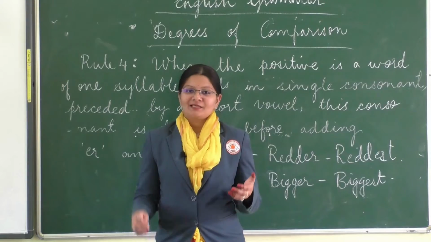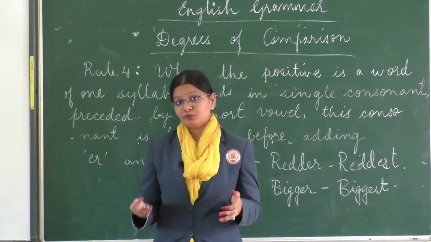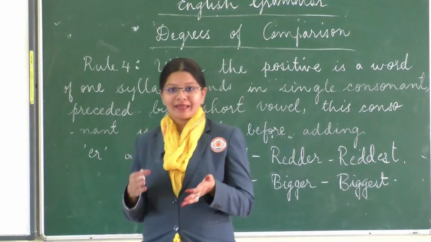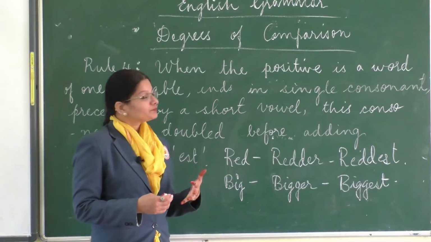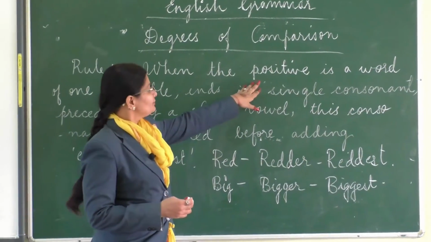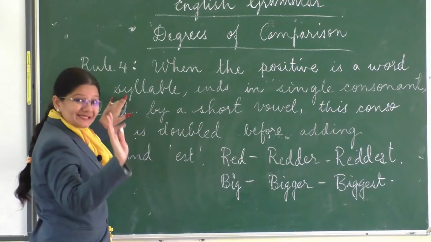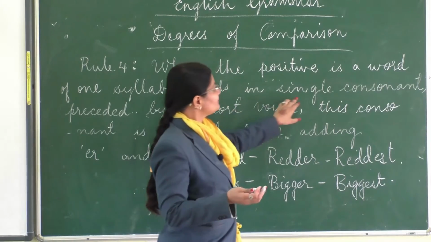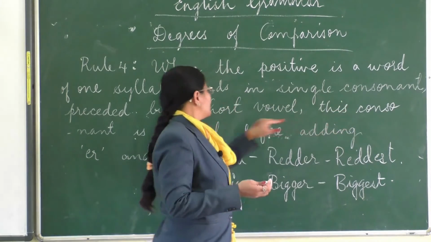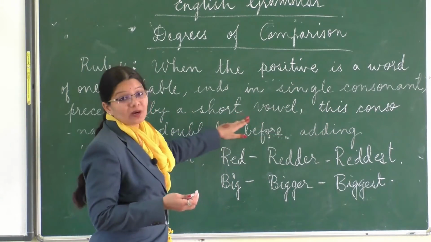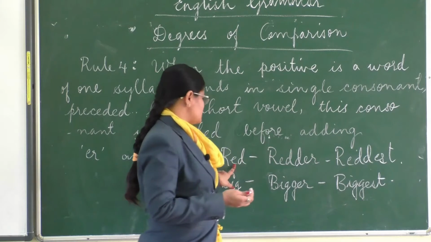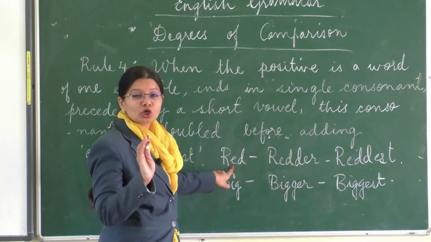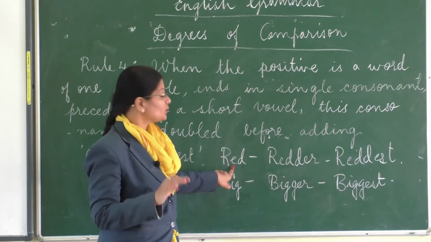Okay, kids, now let's understand rule number 4. Here you will see that when an adjective in the positive form is a one-syllable, monosyllabic word, and it ends with a single consonant preceded by a short vowel, for example red, it has a consonant there, and before that there is a short vowel e, right?